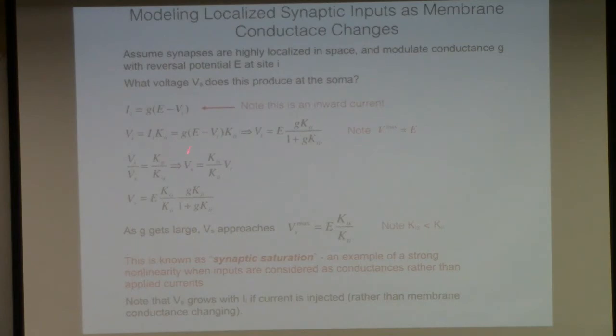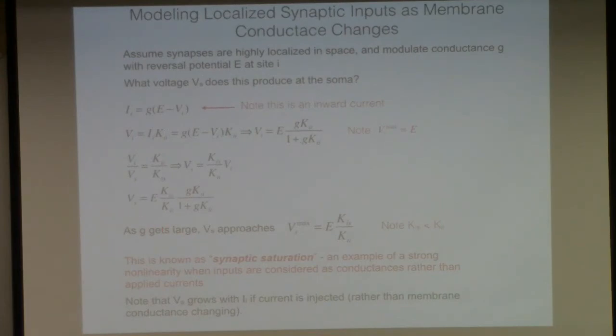So we can rearrange terms and write an expression for voltage at the soma, and then we can plug in the voltage at location I produced by the synaptic conductance change, and we get our final expression. Out on the dendrite, the biggest depolarization that can be produced by the synapse is the potential E, the reversal potential.